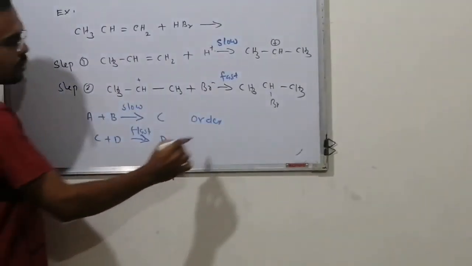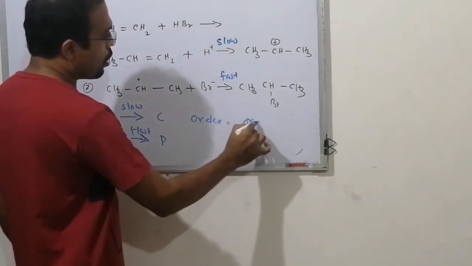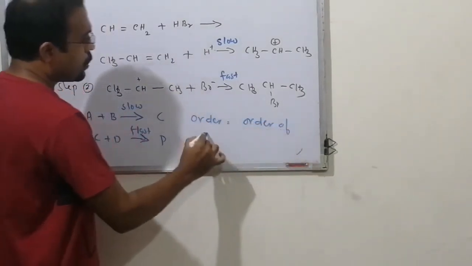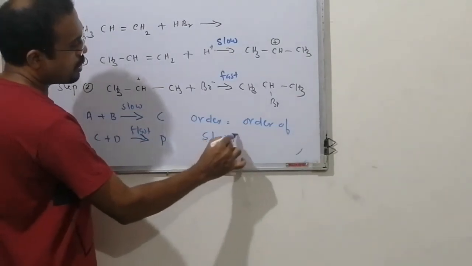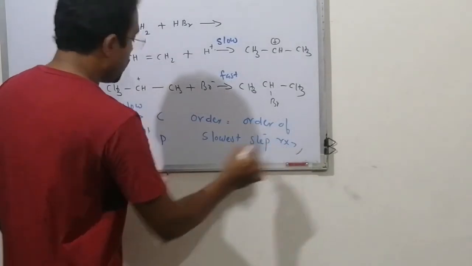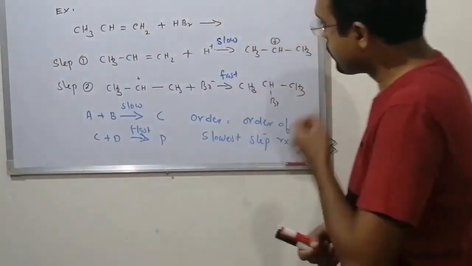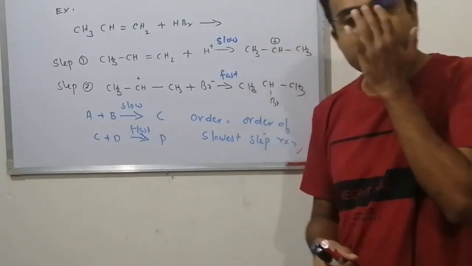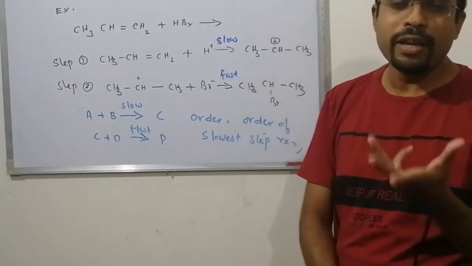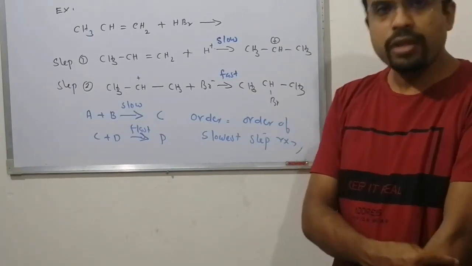The order of the reaction is equal to the order of the slowest step of the reaction. Now I will ask you one question. What is the meaning of slowest step?